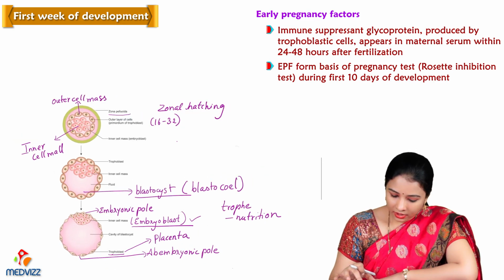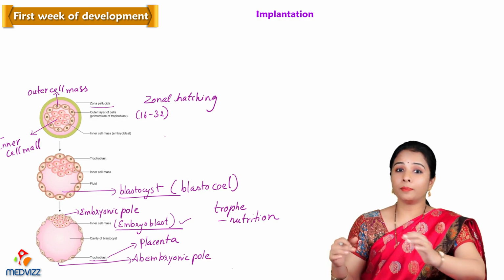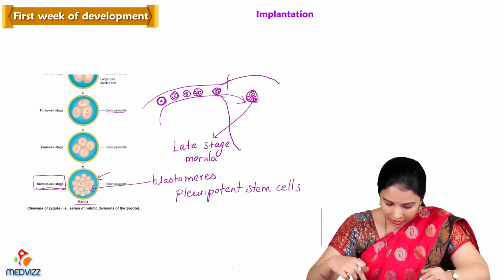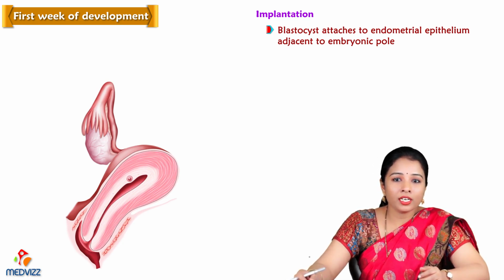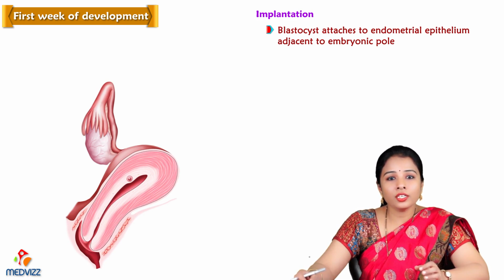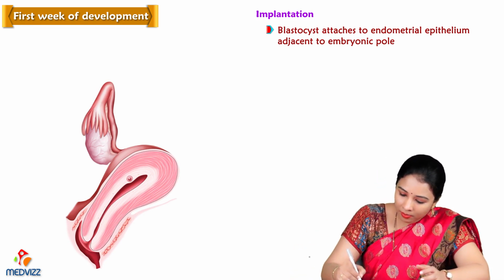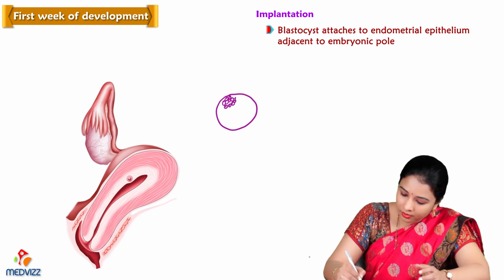And in the second stage, this blastocyst now has to undergo implantation. So we are going to see implantation. The blastocyst attaches to the endometrial epithelium, usually at the site of the embryonic pole. If we see the blastocyst, we have one side with the cells, which is the embryonic pole.